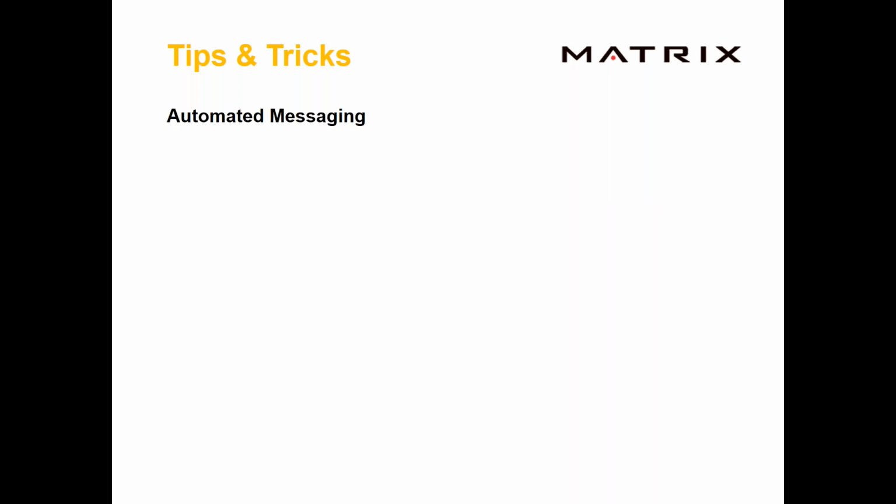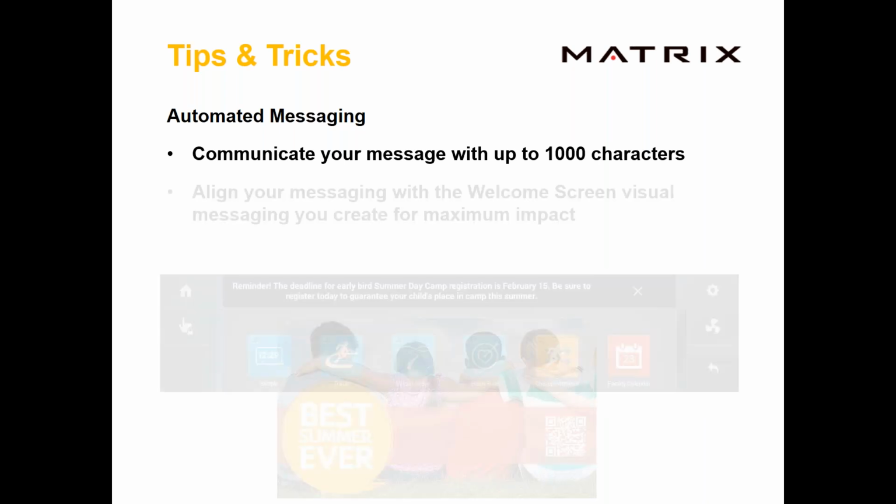As far as automated messaging, you have the ability to communicate your message with up to 1,000 characters. That's more than enough to communicate it in full plain English or whatever language you're presenting it in. You don't have to use shorthand, and you also don't have to give short shrift to the actual message itself. You can present what you need to because you've got enough characters to do so.